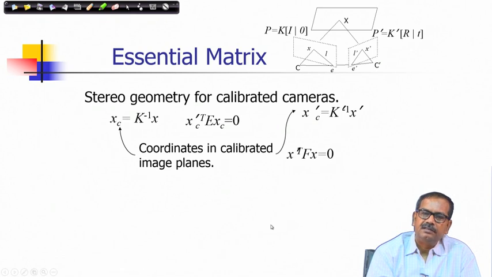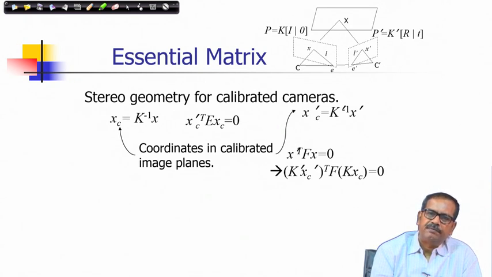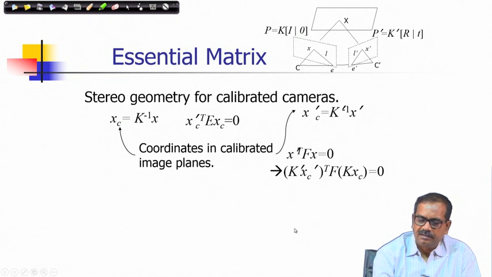Note that in general it is x'^T F x = 0 when we do not have any idea of K and K' from the projection matrix. So, how is an uncalibrated fundamental matrix, that means the fundamental matrix for an uncalibrated stereo setup, related to a calibrated stereo setup? Their relationship can be expressed using those calibration matrices.